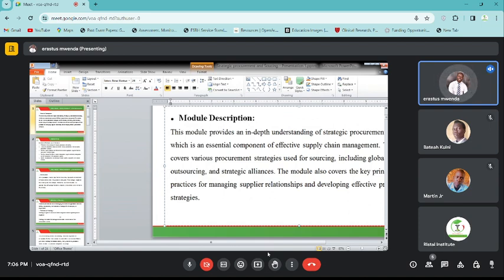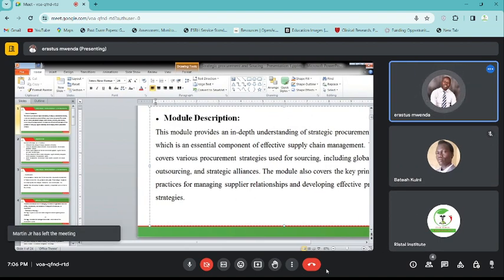We will also, within the unit on the topic, be able to analyze procurement processes and identify key considerations when developing procurement strategies. We will also evaluate supplier proposals, understand how we can do supplier proposals and bids. Another objective is that we will understand how we develop various strategies.